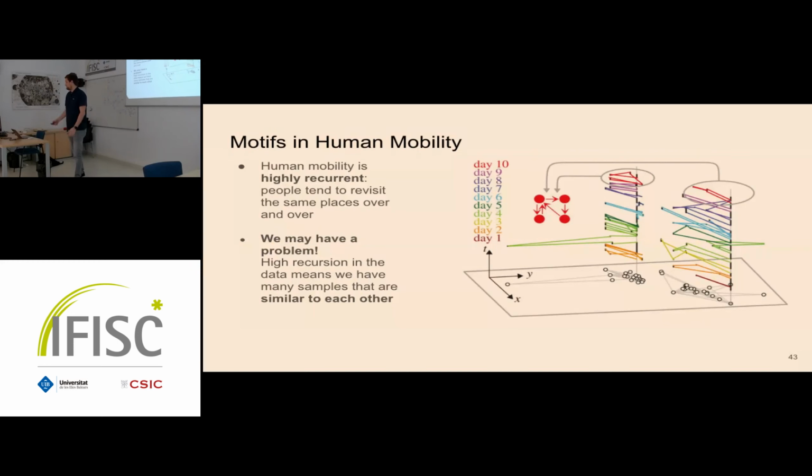In particular, this paper is saying that mobility is highly recurrent, in the sense that if I take a data set, I can simply take some motifs of the network that I have, and I can predict a fair amount of next locations and mobility traces eventually.